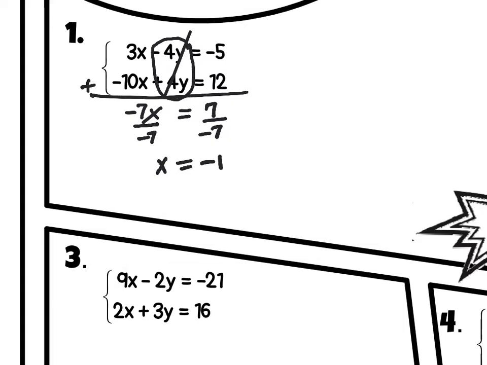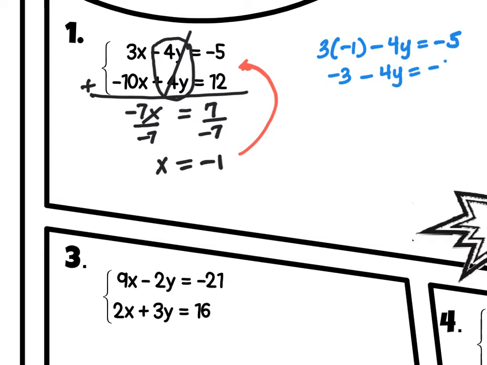So now you can substitute into one of these two equations. It doesn't matter which one you're going to use. I'm going to use the first one. So it's 3 times negative 1 minus 4y equals negative 5. So 3 times negative 1 gives you negative 3 minus 4y equals negative 5.